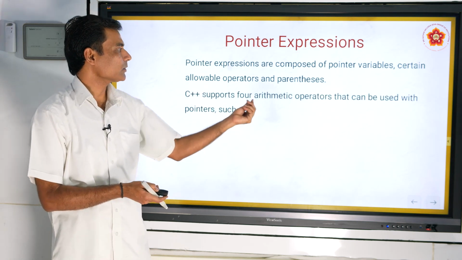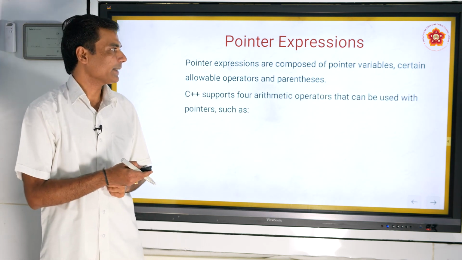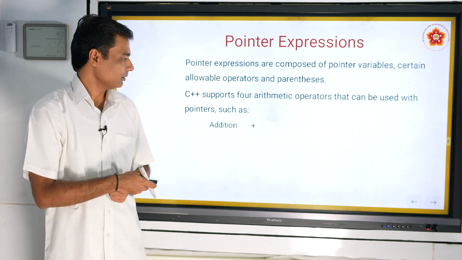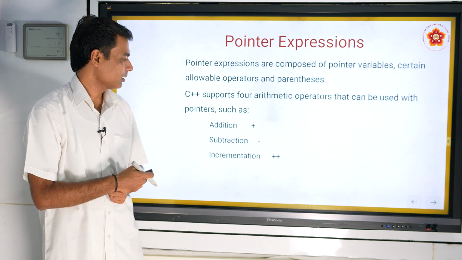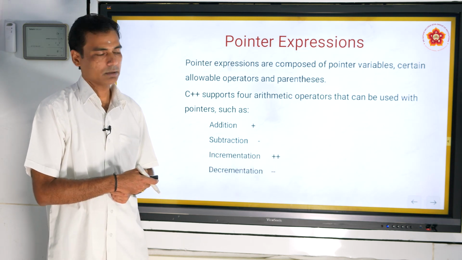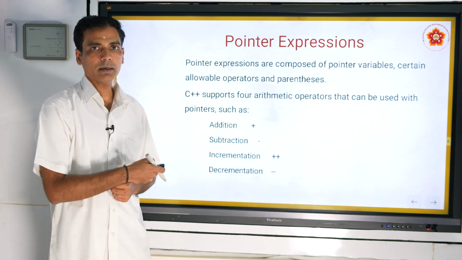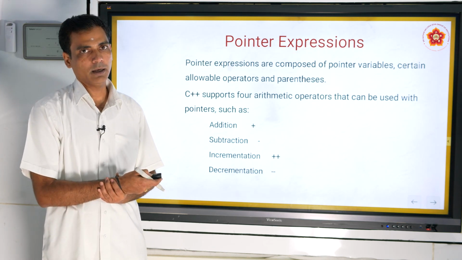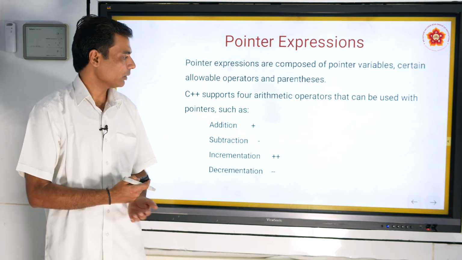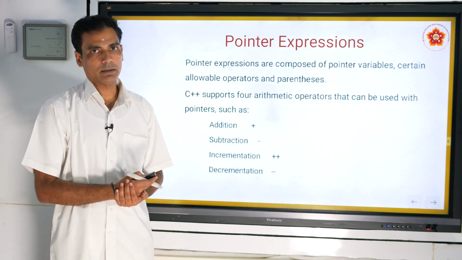C++ supports 4 arithmetic operators that can be used with pointers, such as addition, subtraction, plus plus and minus minus. So you can easily notice the difference over here. The multiplication and the division operators we are not going to use with the pointers.